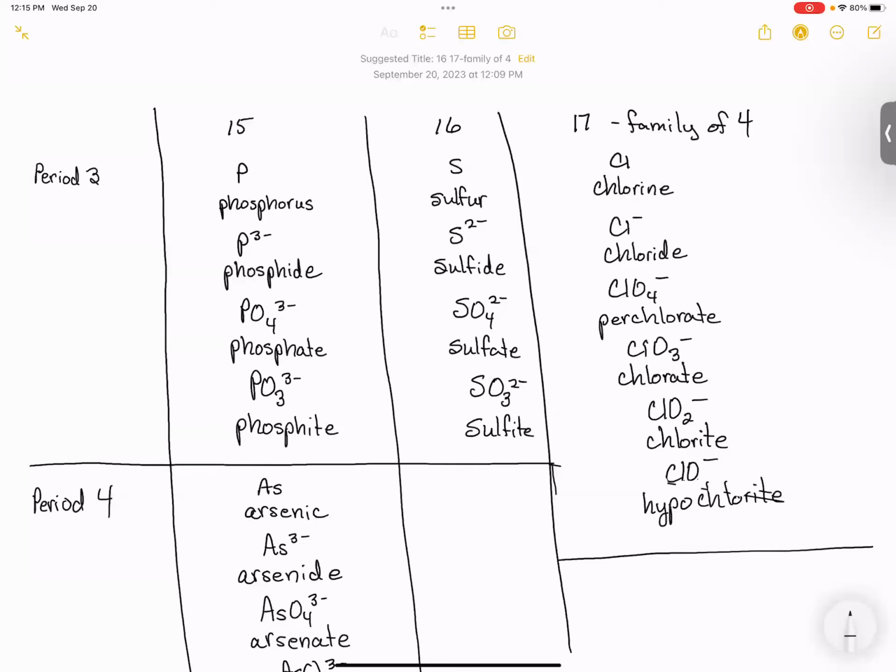No. I don't need to memorize any of these as long as I know how these three behave. You know how phosphorus, sulfur, and chlorine behave, then you know how everybody below them behaves too. That's a lot less memory work.